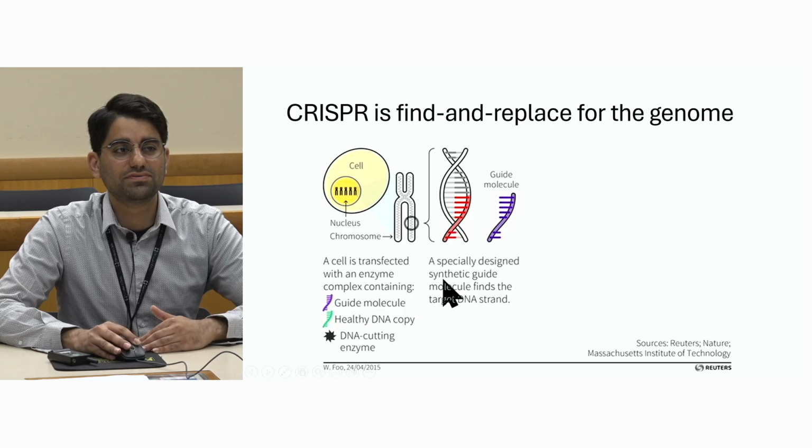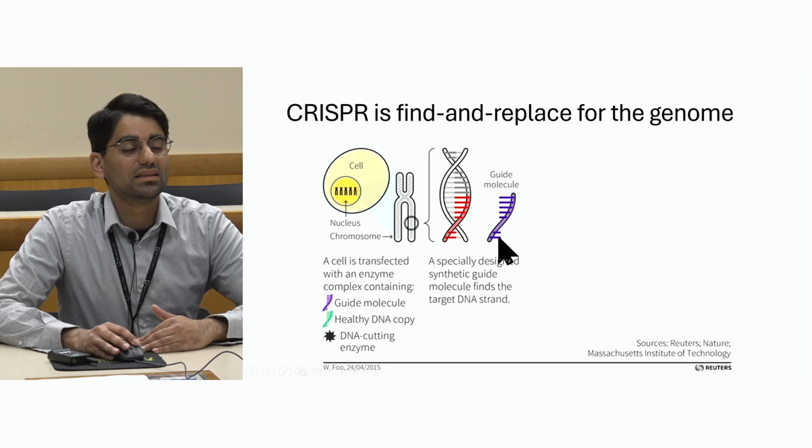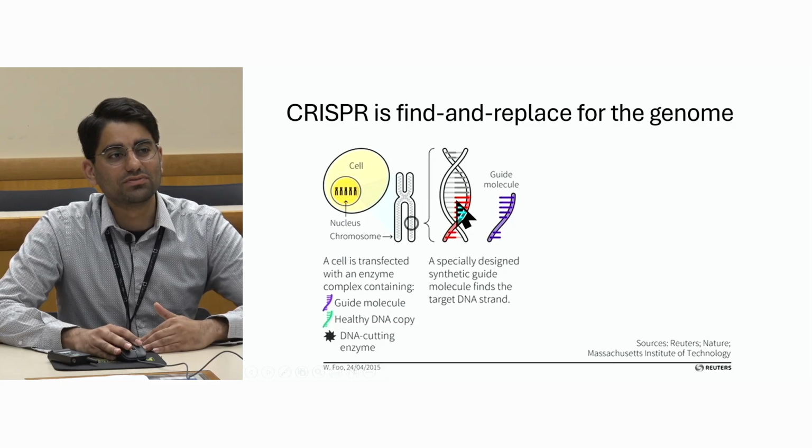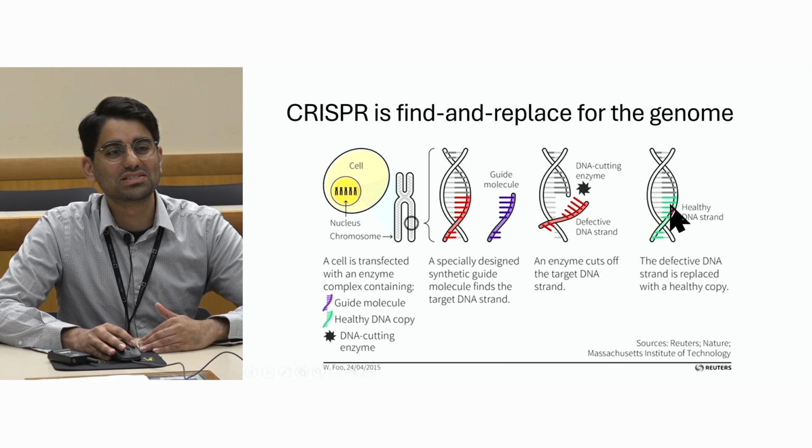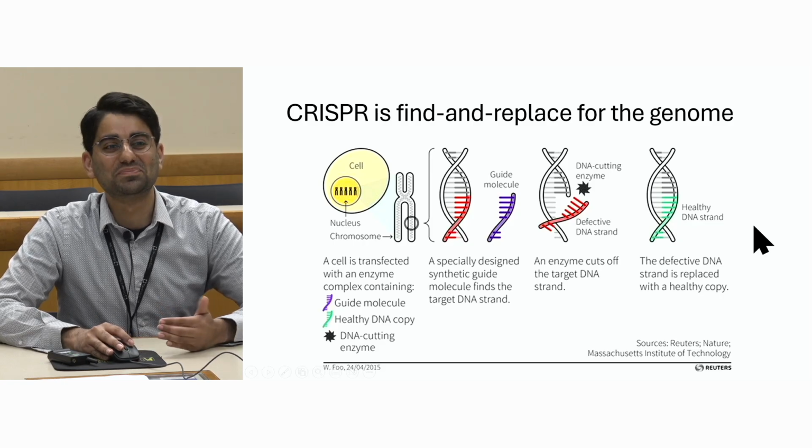The concept is very simple. Basically, the guide molecule takes the enzyme to the exact part of the DNA which has the problem. That's the find part. The cutting enzyme then cuts out this defective strand, and it is replaced with the healthy strand. Pretty simple, right?